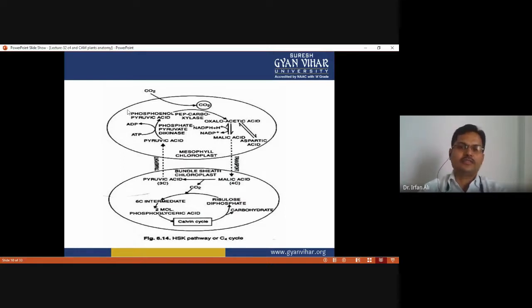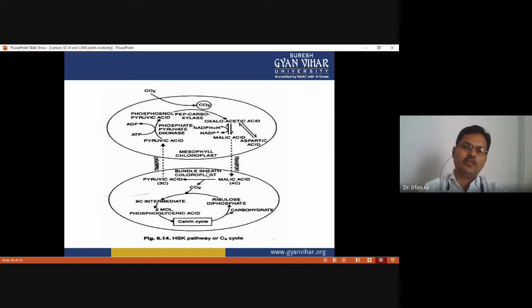Now this oxaloacetic acid is converted into malic acid, in the presence of NADPH, which is a product of the light dependent reaction. Now this malic acid is transported into the bundle sheath chloroplast.